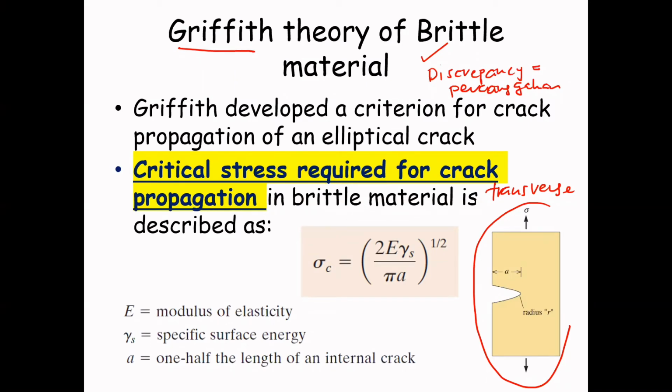So the critical stress required for crack propagation in a brittle material can be described as sigma C equals 2 times E times gamma S divided by pi times A, all to the power of half. E is the modulus of elasticity, gamma S is the specific surface energy, and A is half of the length of an internal crack.